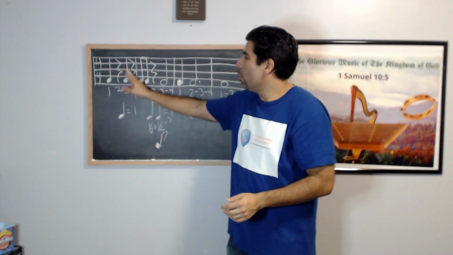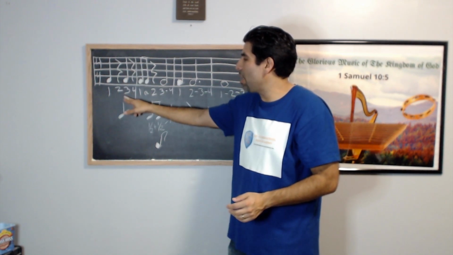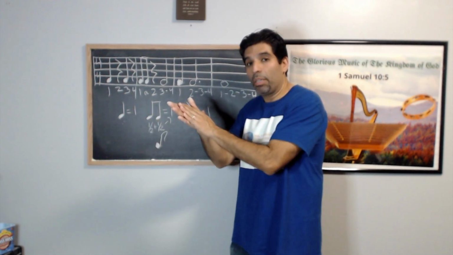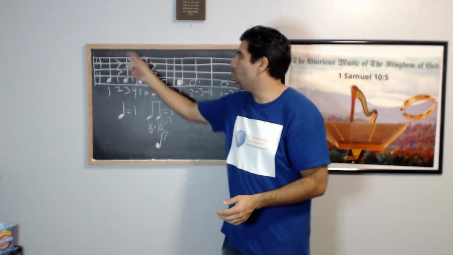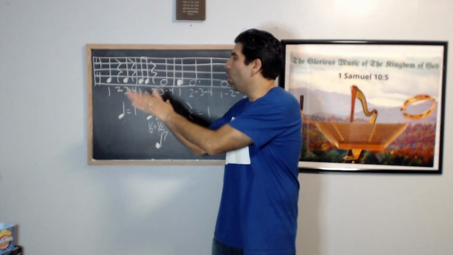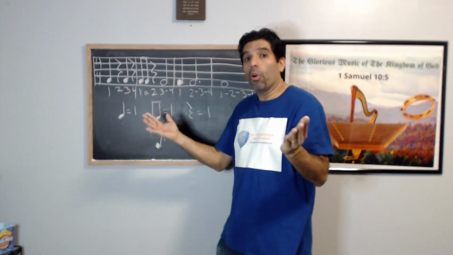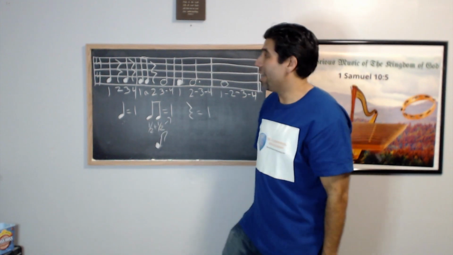We take our hands apart to show that we're being silent. The next 2 beats are the same thing. On beat number 3, then beat number 4, just like that. So all together, that measure is going to go 1, 2, 3, 4. Everybody got that? That's how that goes.